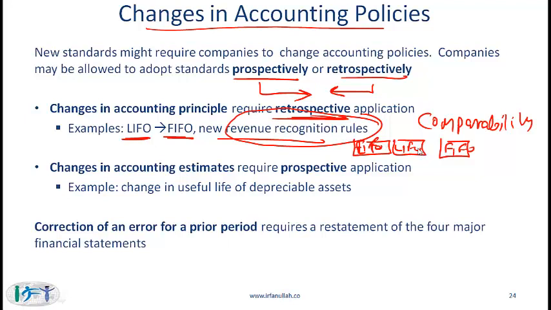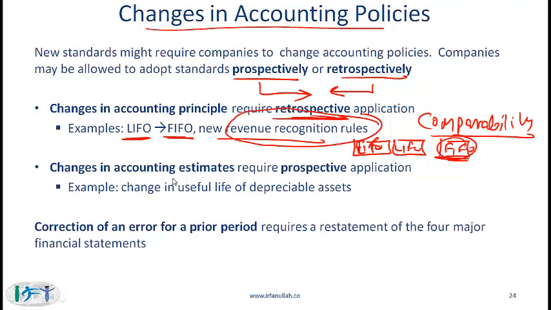So we should restate financial reports from the past to use the same accounting principle that we are using now. This would be consistent with the characteristic of comparability. Similarly, revenue recognition rules. If we want to compare revenue in our current period with revenue in earlier periods, then we need to be recognizing revenue using the same rules.